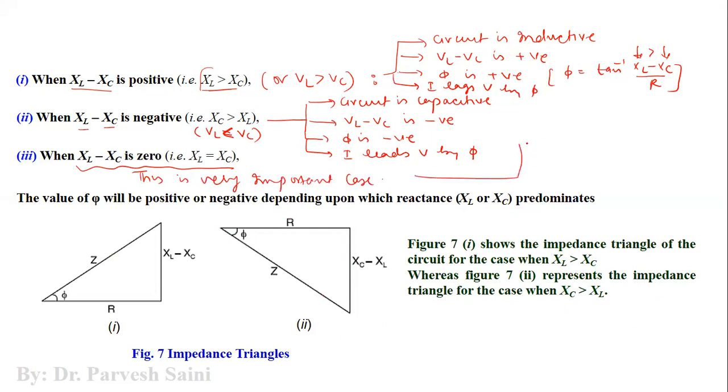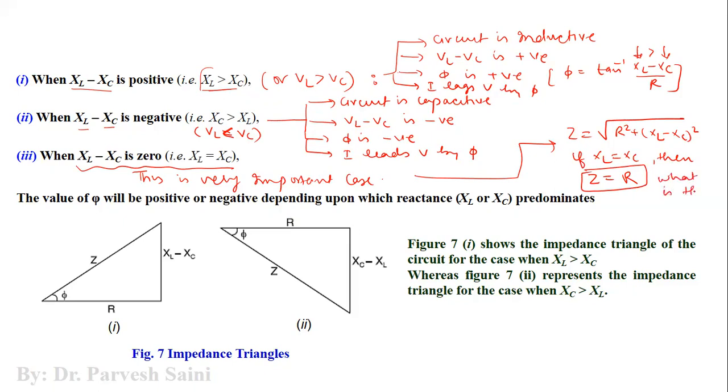Now, if we see Z is equal to under root R square plus XL minus XC whole square, if XL is equal to XC, then Z is equal to R. Now, what is this? We will study this in the next class.